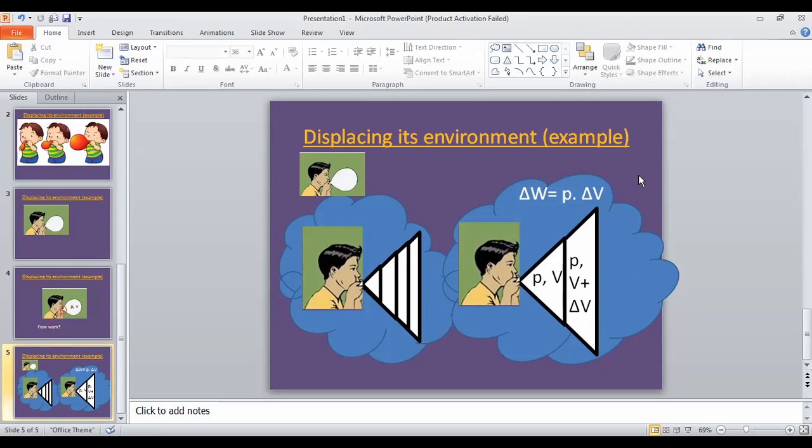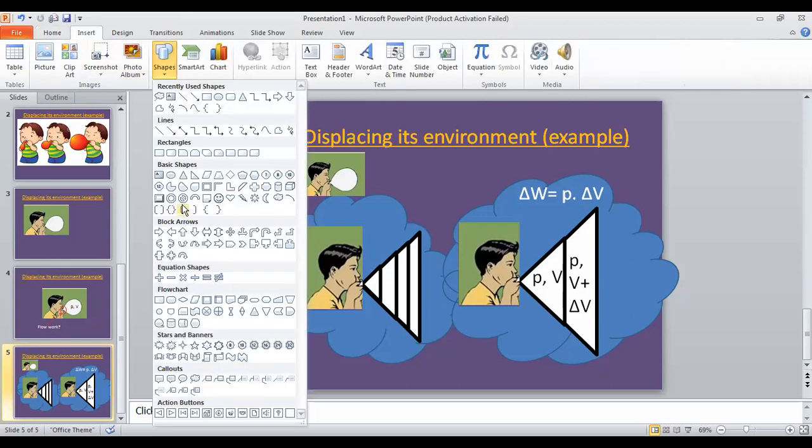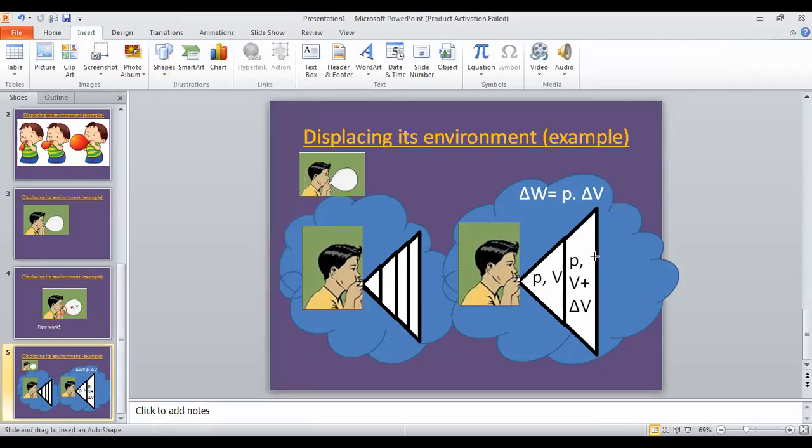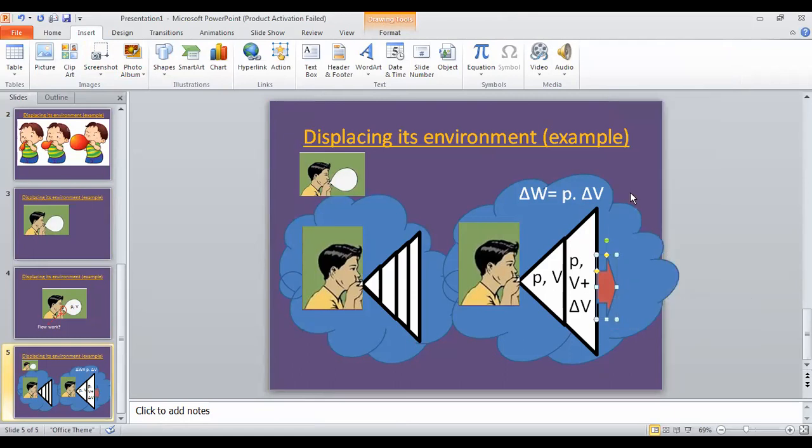So this delta W is something like work done on the surroundings from the balloon, let's say. Quite an interesting case. Delta W.